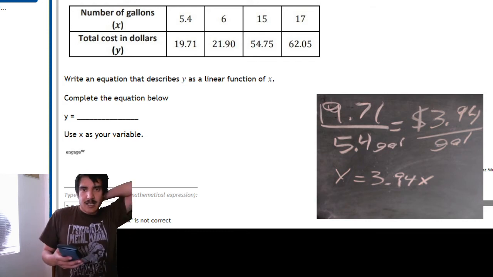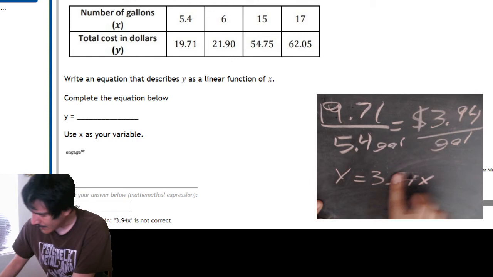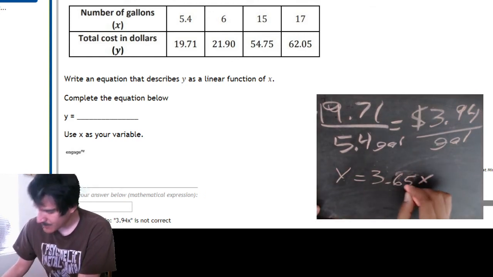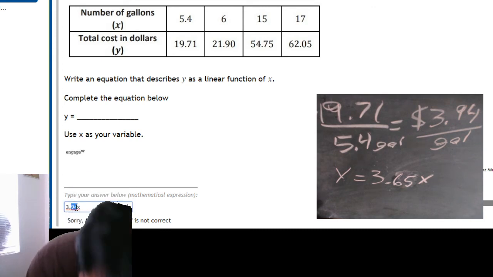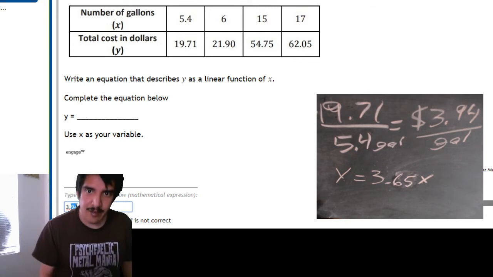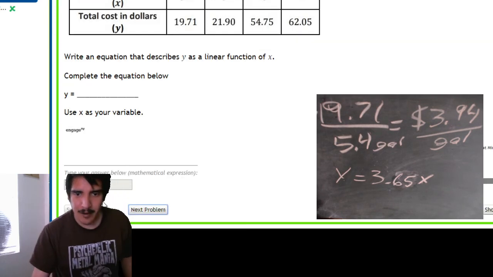I did type something in wrong the first time. I don't know why I got 394. It's 3.65. I think I must have input the wrong number or something. $3.65 per gallon. I have no idea where I got 3.94. Let me hit up. Maybe I'll see where I got it. 19.71, because I did divided by 5, not 5.4. There we go. My mistake.